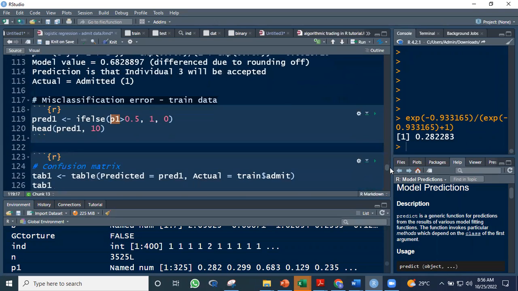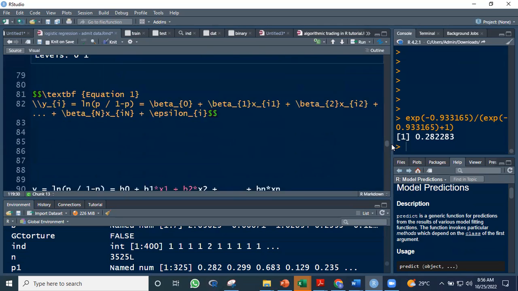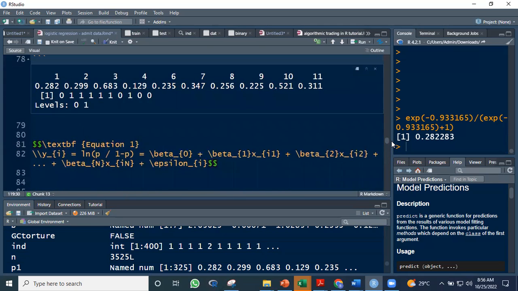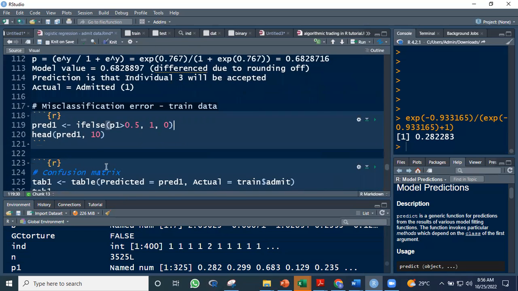So let's create an object called pred1 and let's convert na kapag greater than 0.5 siya, gawing 1, and kapag, of course, less than 0.5, gagawing 0. So instead of the probabilities, instead of yung mga 0.282, 0.299, we're going to create an object called pred1 that converts yung mga probabilities into either 1 or 0.